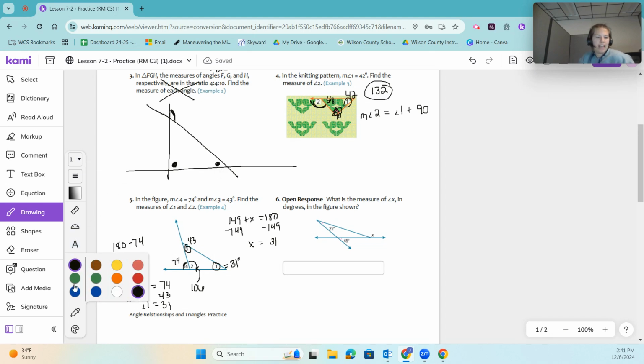Then this exterior angle here is going to be equivalent to this angle plus this angle. This is our exterior angle theorem. And this last one, this angle here is going to be equivalent to this angle plus this angle there.